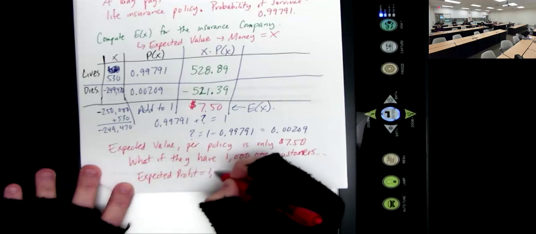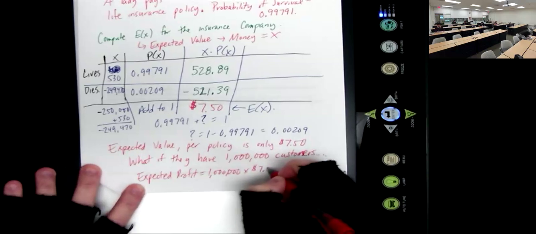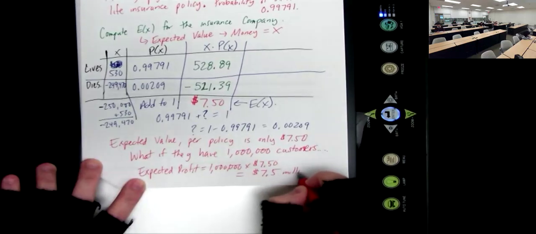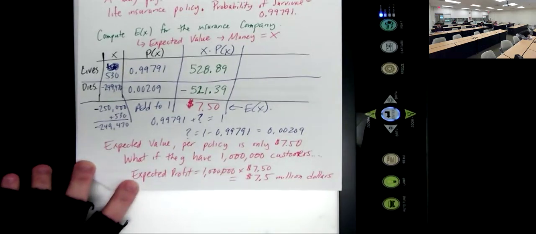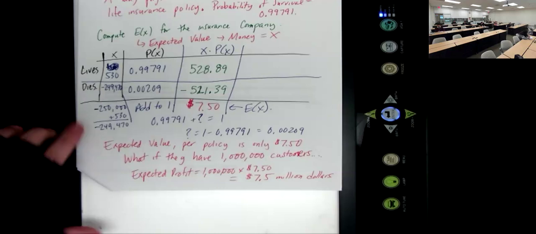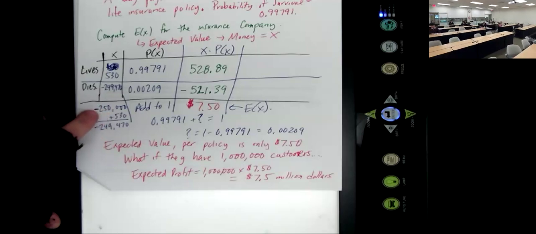It's now 1,000,000 times 7.50, which is $7.5 million. Even though the annual policy is 530, they have to pay out, and that $250,000 is quite the hit when you're only making $530. But they make a profit on every single one on average, and with enough policies, you make a lot of money.